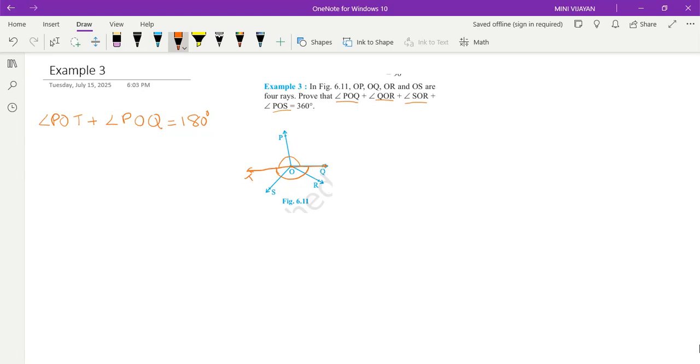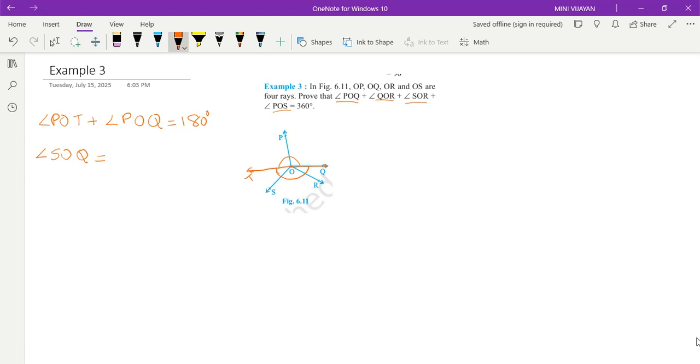We have to consider these three angles as well. At first, I'm just considering the given angle without the constructed angle, angle SOQ, which is already given in the figure. Angle SOQ is a combination of two angles, right?